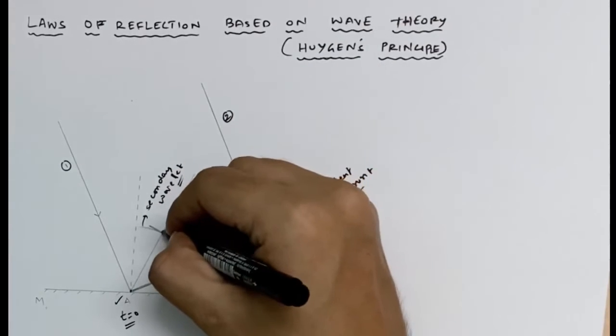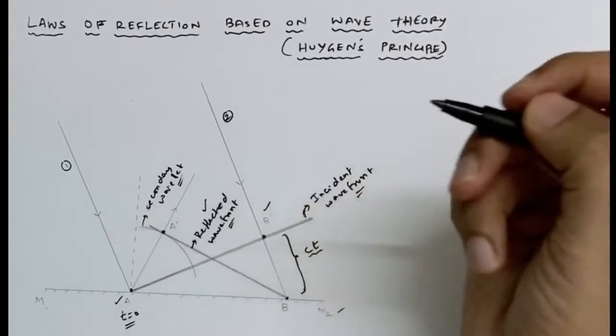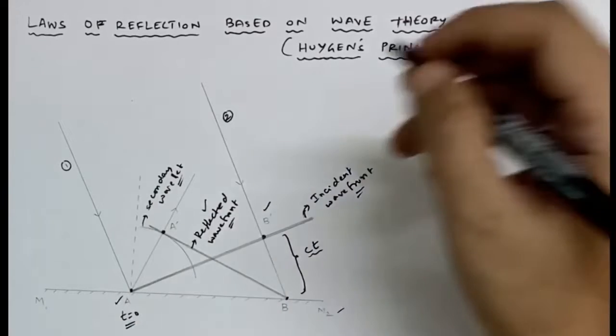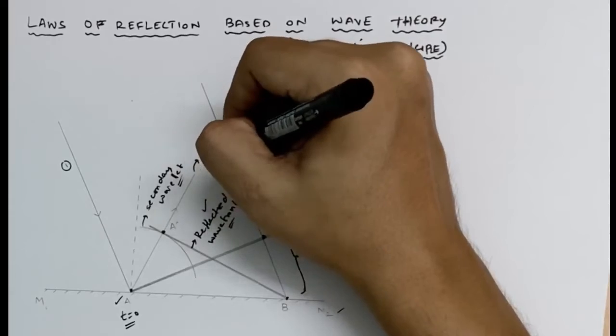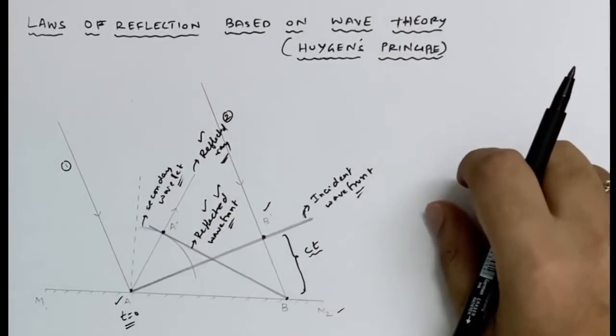This is the point of contact for the reflected wavefront. If you join A to the point of contact, that gives us the reflected ray, because we know that wavefront and ray are perpendicular to each other.